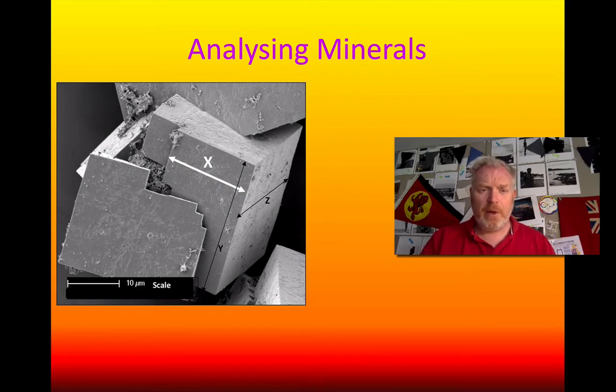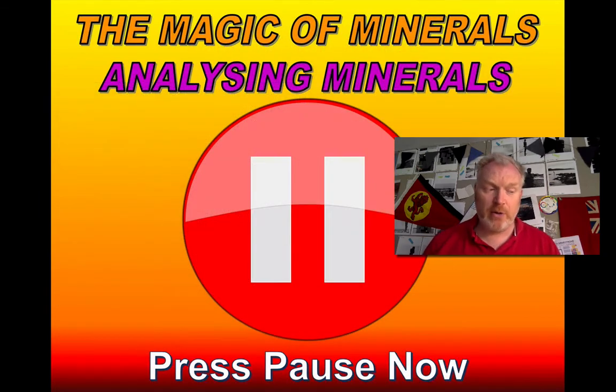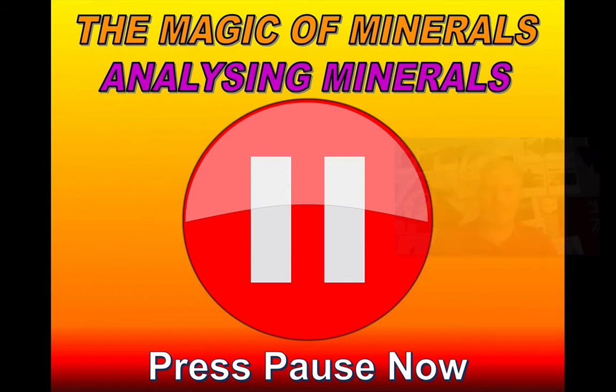Measure those, convert them using the scale, do any conversion before you start doing any calculations, and then work out the surface area and volume of that crystal. And also, can you work out what type of crystal it is? Okay, so press pause now, have a go at those questions on page 12, see what you can come up with.